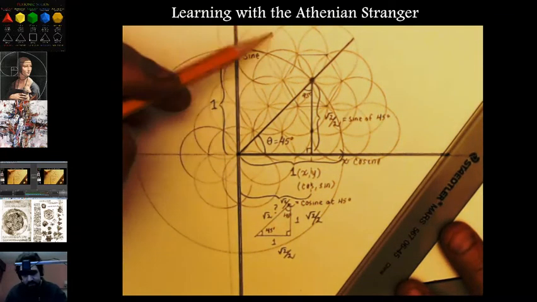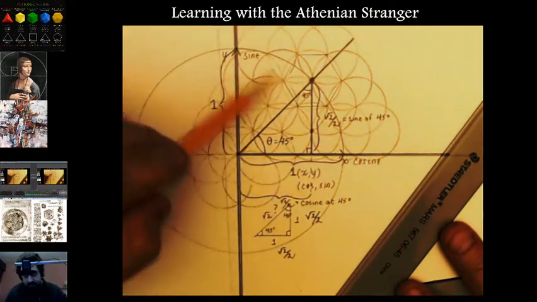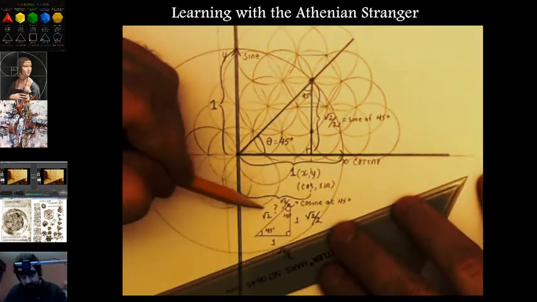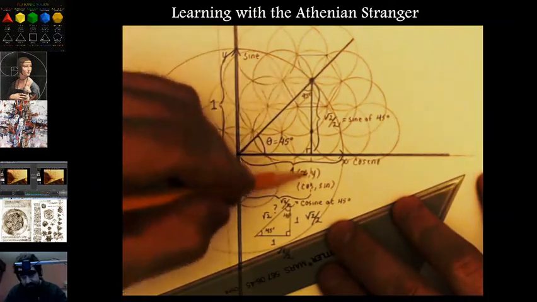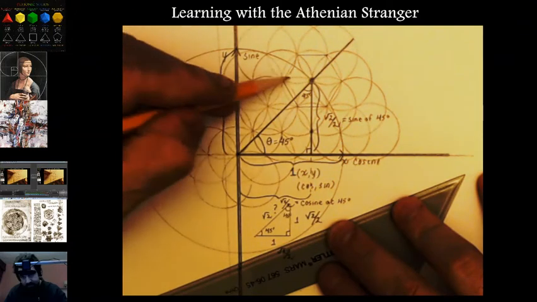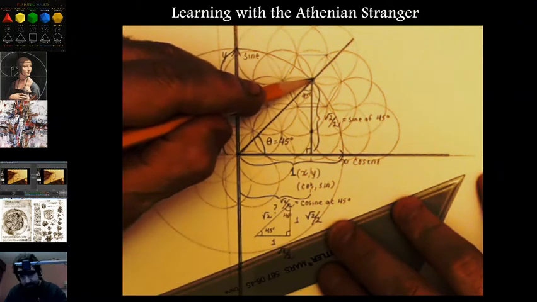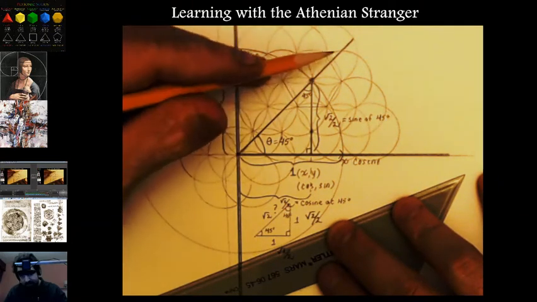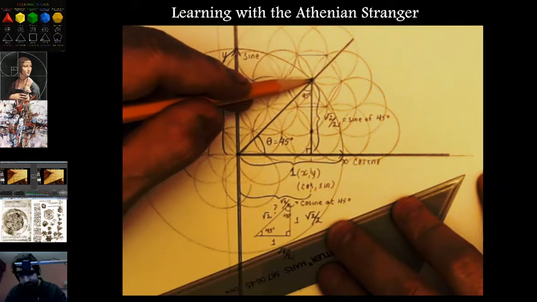We can already see many interesting relationships emerging, but first I need to plot this point. I need to plot a distance from here where the 45-degree ray hits the circle.